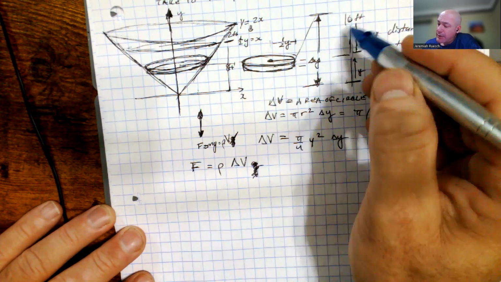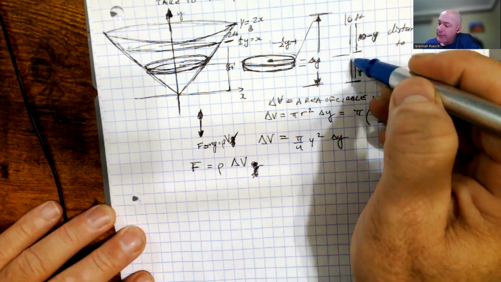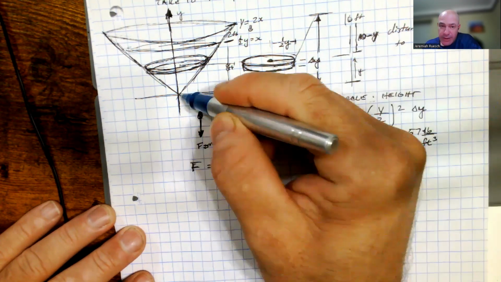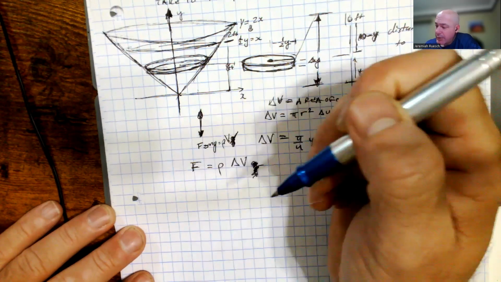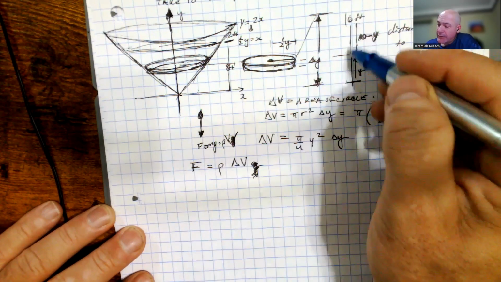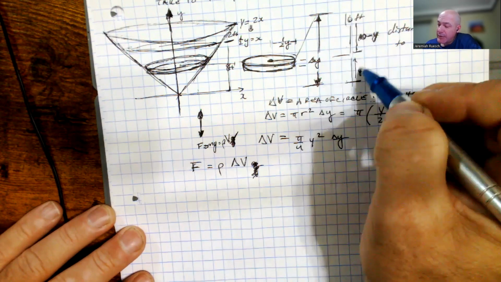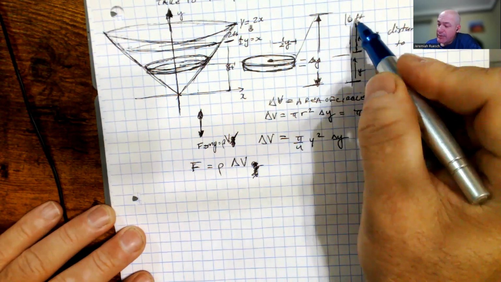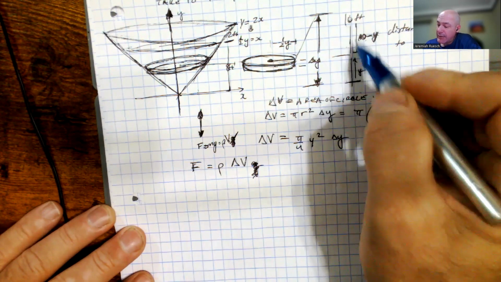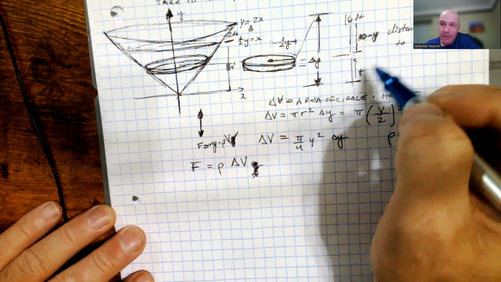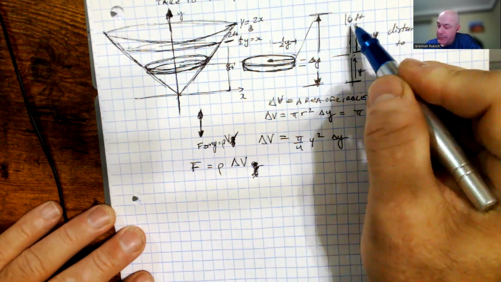But the height of the disk is y feet above the origin, which we're taking to be at the tip of the cone here. So how far does the disk have to move? The distance depends on its height y. It's going to be the difference between 10 and its height y. That's the distance that it has to move upwards.